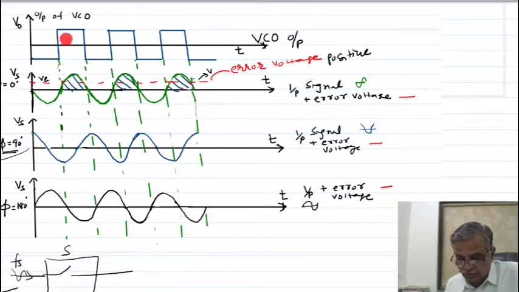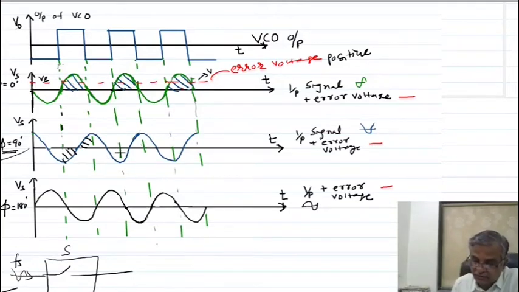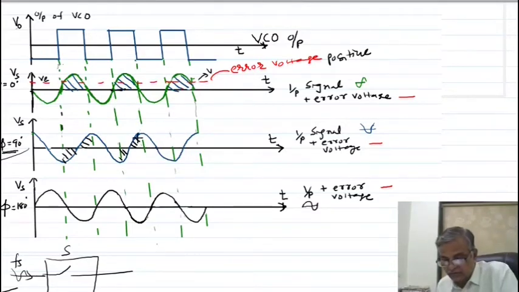So during this positive half, the switch is closed, which means only this much portion of the input signal will be passed through the switch.